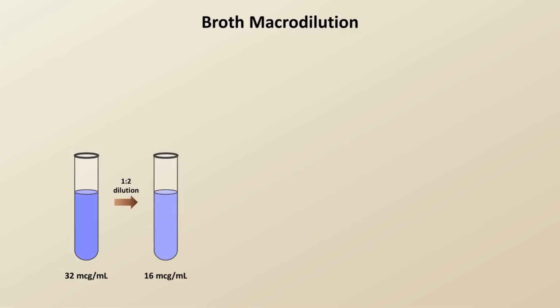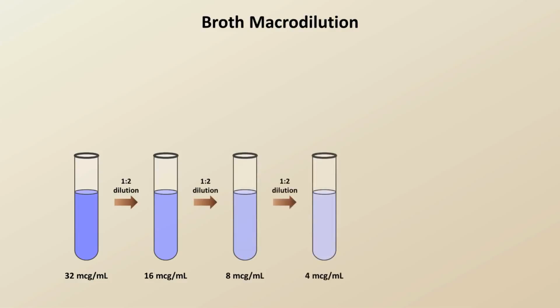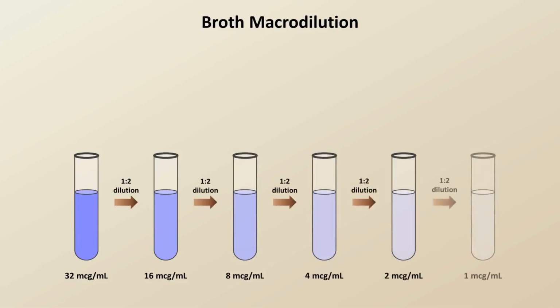The oldest of these traditional methods is broth macrodilution. The lab technician starts with a nutrient-rich solution of a known concentration of an antibiotic, typically 32 micrograms per milliliter. The technician then makes a 1 to 2 dilution, resulting in a second solution of 16 micrograms per milliliter. The process is then repeated several more times. A known quantity of suspended bacteria are then added to each solution.